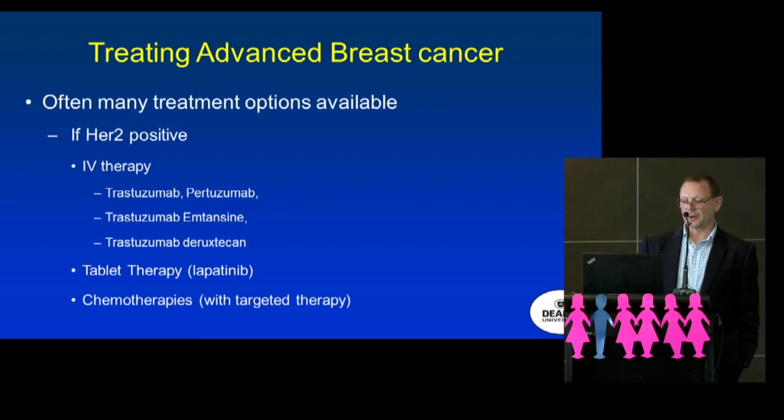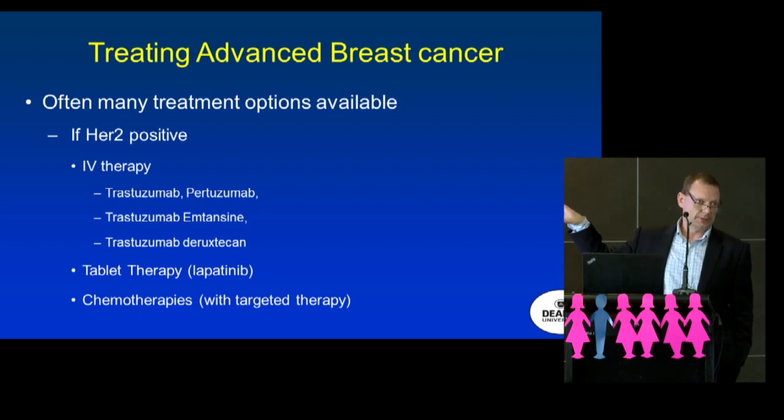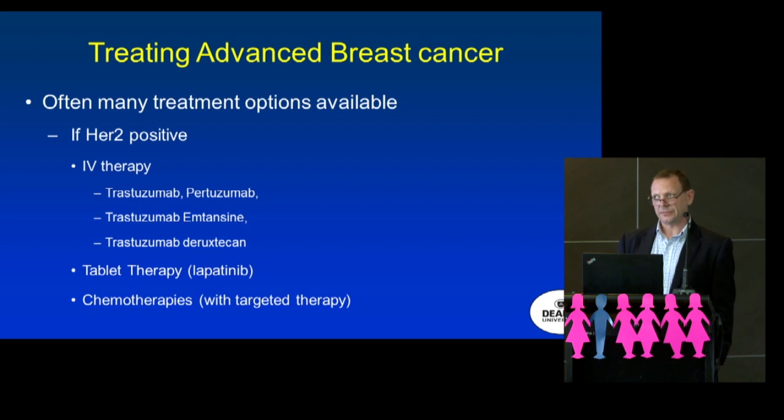There's also targeted therapies. All of these will target the HER2, and some women can be many, many years on these targeted therapies. Now, because these are hitting only the HER2 positive cells, they don't have chemo side effects. So they're only hitting the cancer cells and doing very little else to the rest of the body. So generally speaking, women who are on these drugs can have a fairly normal life, apart from having to come and see me every 3 weeks or so.